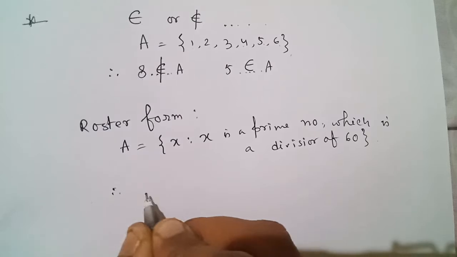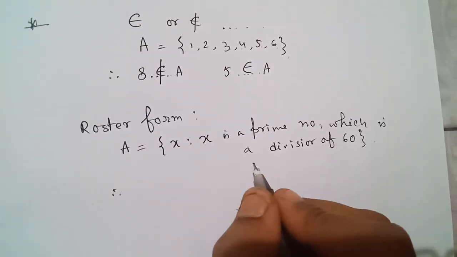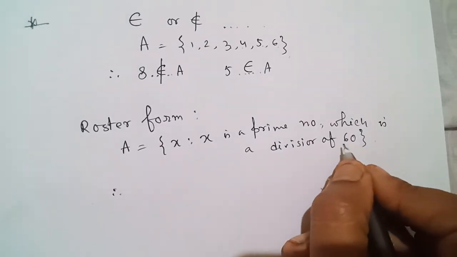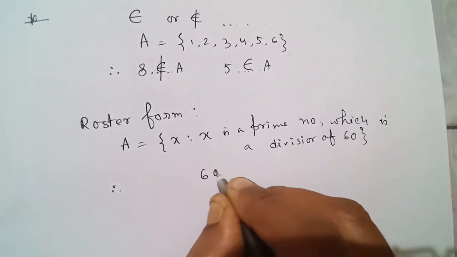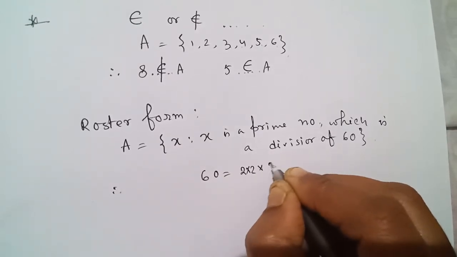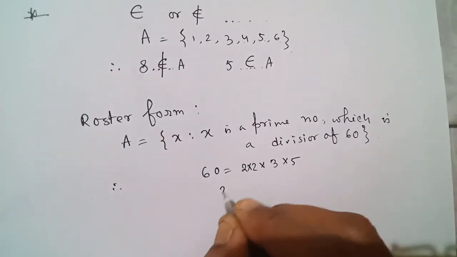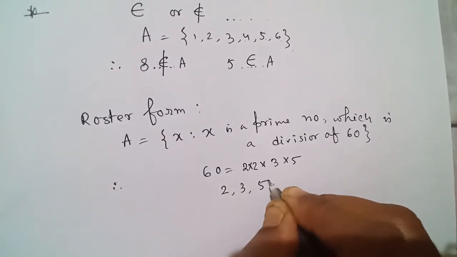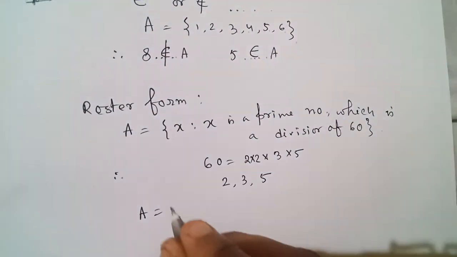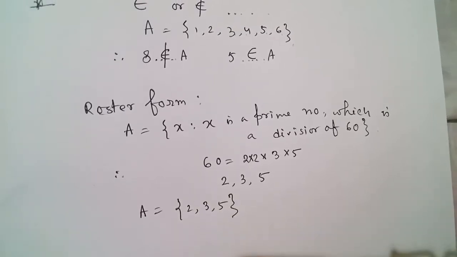That means first, what prime numbers are factors of 60. Factors of 60, that means 60 equals 2 into 2 into 3 into 5. So what are the prime numbers? 2, 3 and 5. That means A in roster form will be 2, 3, 5.